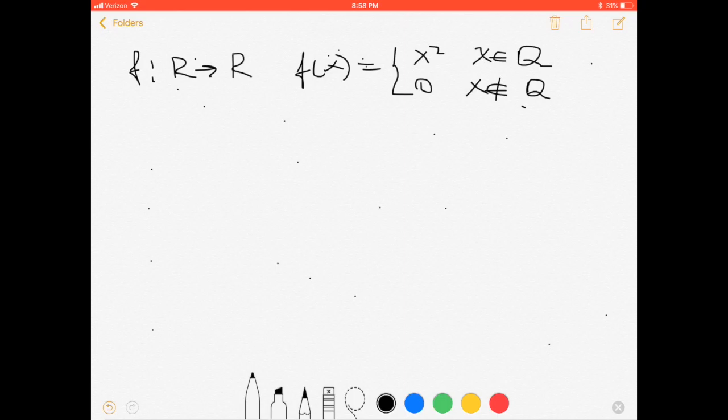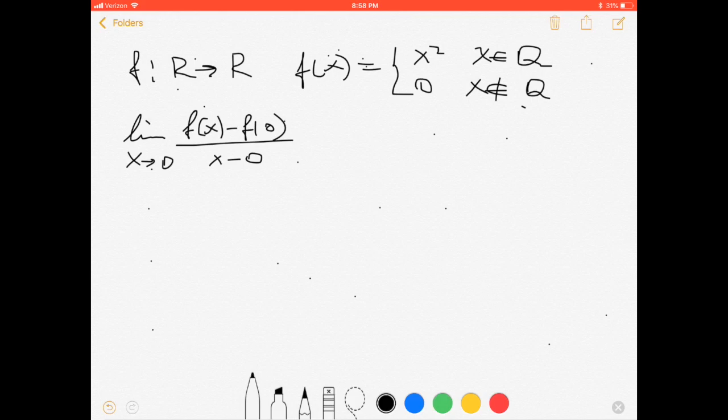What do we have here? We have the limit as x approaches 0 of f(x) minus f(0), divided by x minus 0. We need to find this limit.